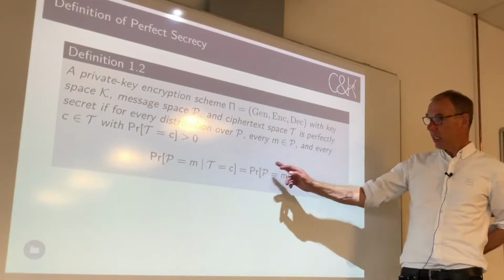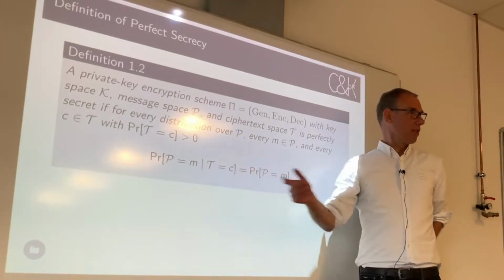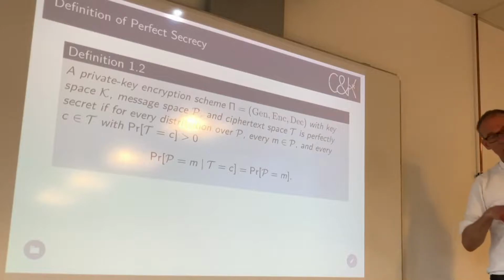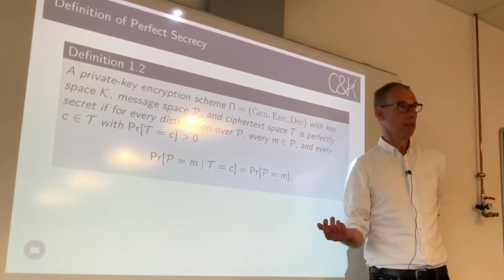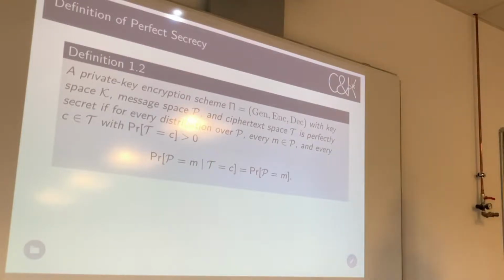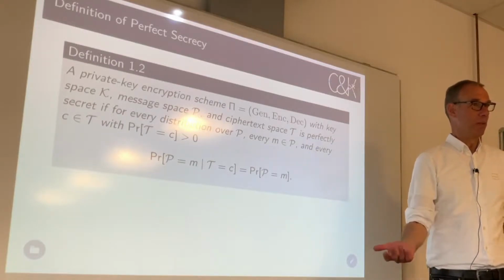But if this is the same, then observing the ciphertext doesn't change his probability over the messages, which simply means that he doesn't get any information about the message given the ciphertext. Remember the example: you don't get any information from this lecture if the probability of giving correct answers after the course is the same as before the course. Then you gain no information from the lecture.